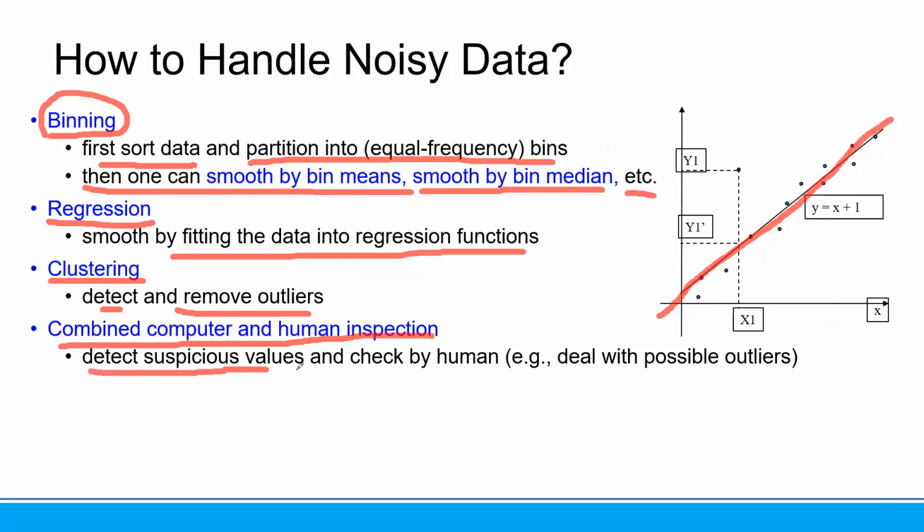The computer may detect the suspicious values and finally they are checked by a human. So it should be combined. These three are the most common ways to remove noisy data, but there can be other ways.